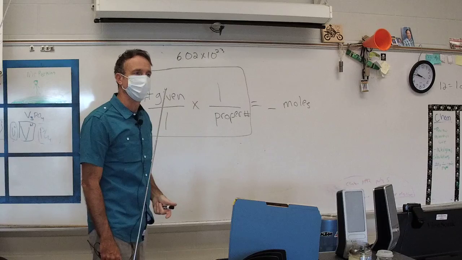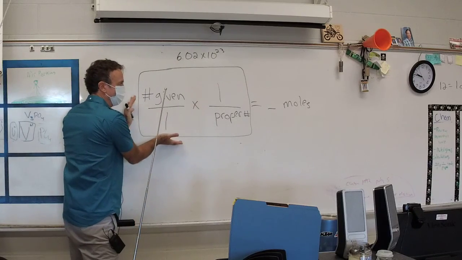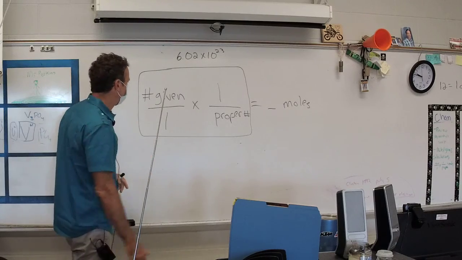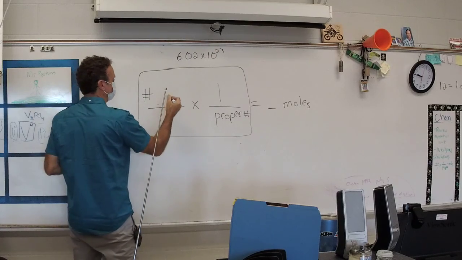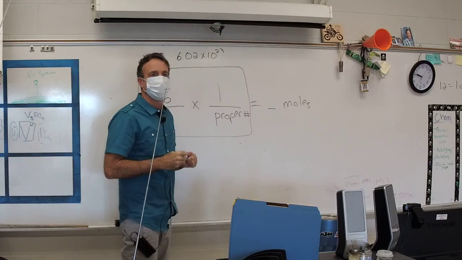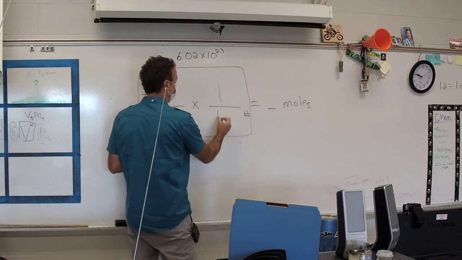So let's think about this. What if we were doing this problem about donuts? And I said, hey, you only have 6 donuts. That's the number of donuts you're given. What's the proper number for a dozen donuts? 12.